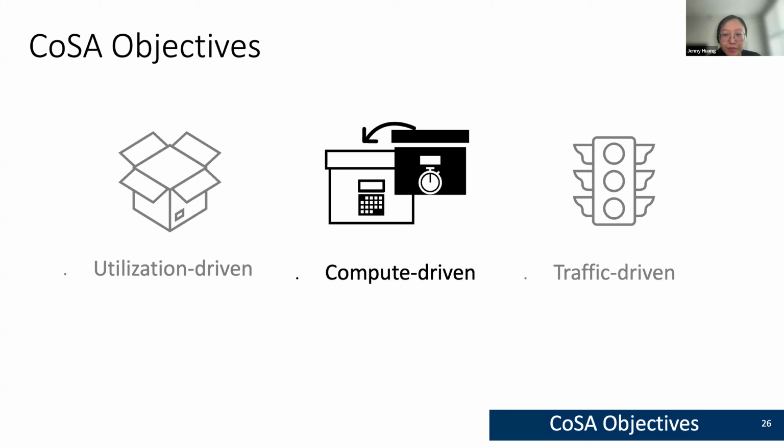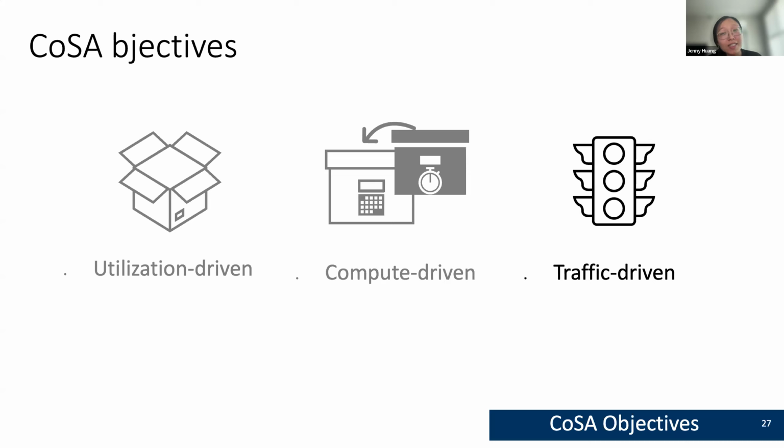And lastly is the most tricky one to define, which is the traffic to the next outer level as an objective. Here we introduce a nonlinear term, so we make this problem a little quadratic to define these traffic-driven objectives.